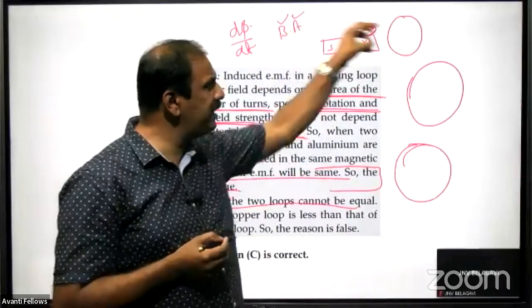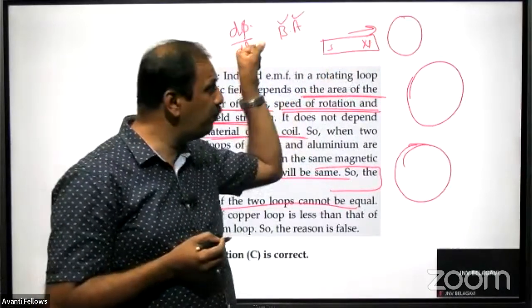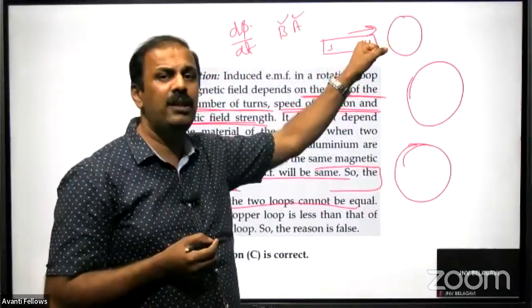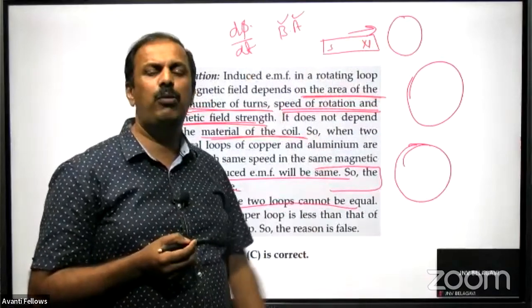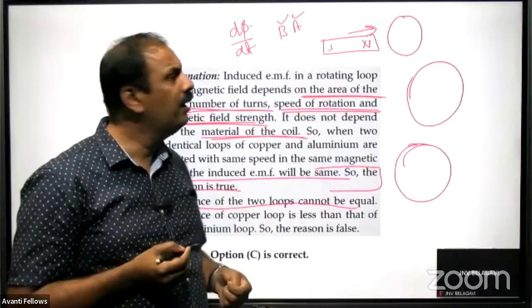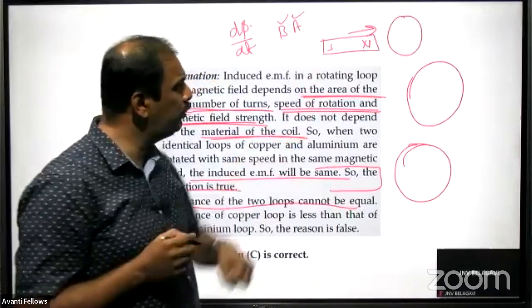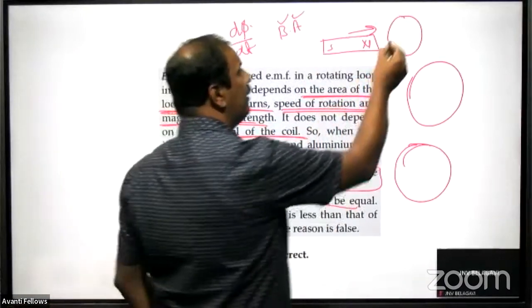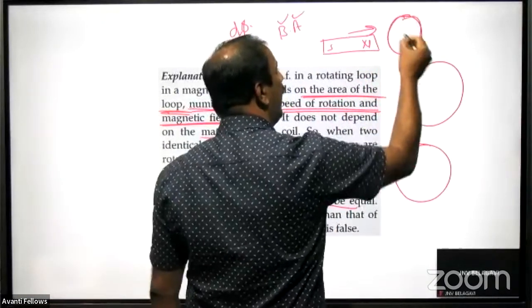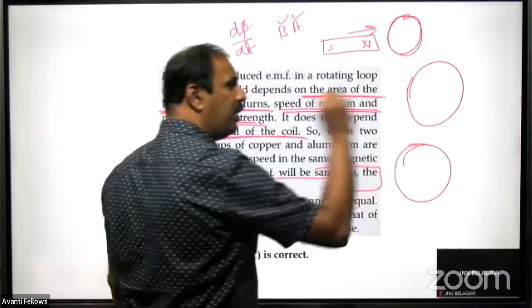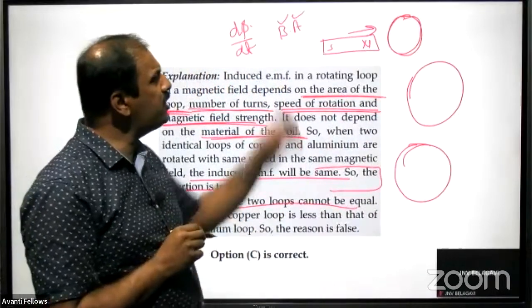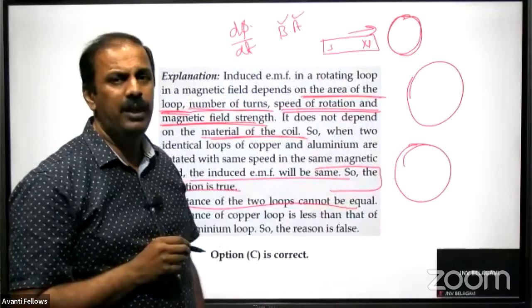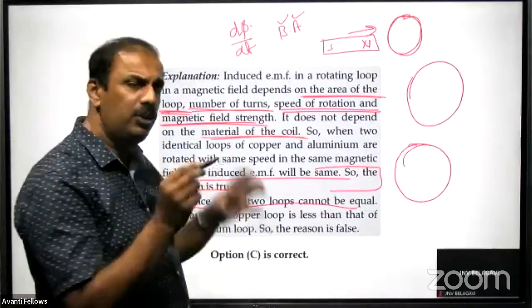So if you are placing it inside, we are pushing it, so we are spending some energy. What happens to that energy? If you think about that energy, there will be a current in this loop, and there is a natural resistance for that. So the energy you are spending to push it will be converted into heat energy.